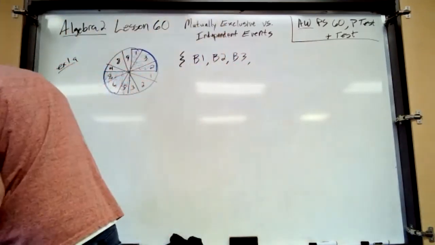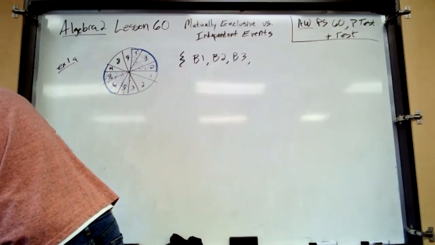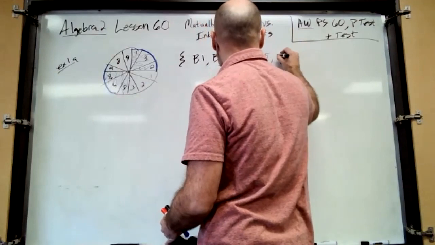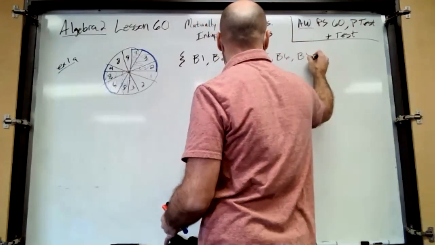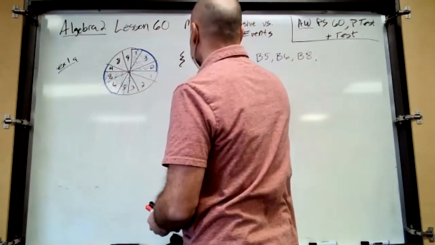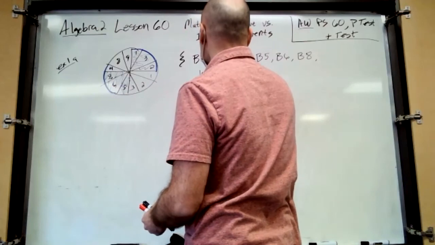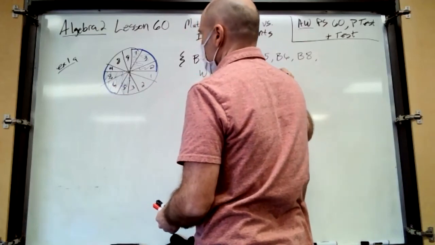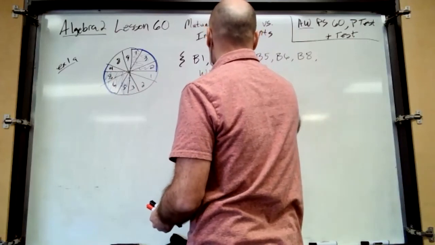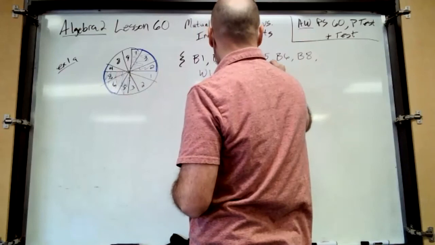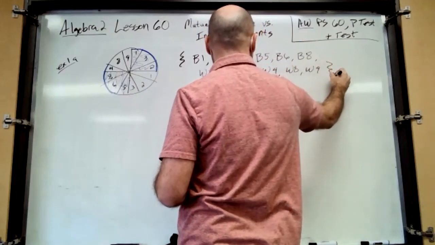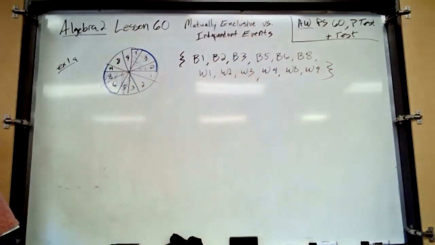So blue 1, blue 2, blue 3. And then blue 5, blue 6, and blue 8. And then you've got the white ones, which are W1, W3, W2, oh no, W2, W3, and then W4, W8, and W9. So these are all the possible outcomes of this spinner, okay?